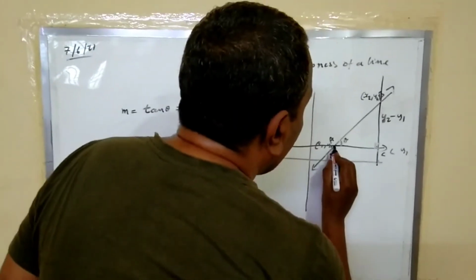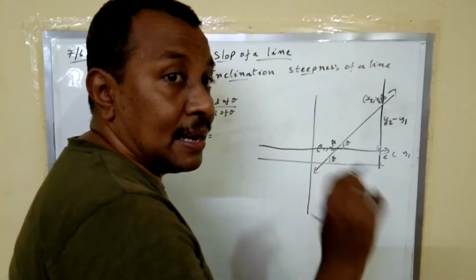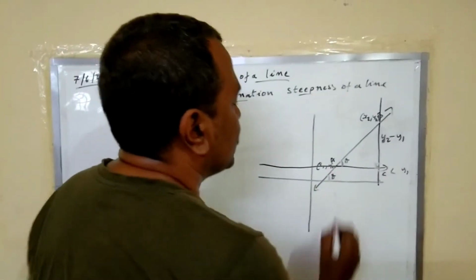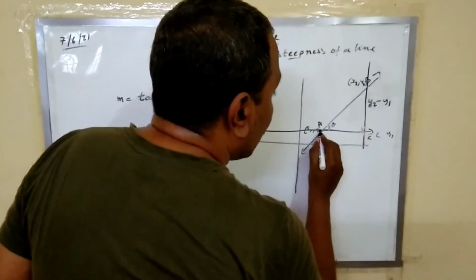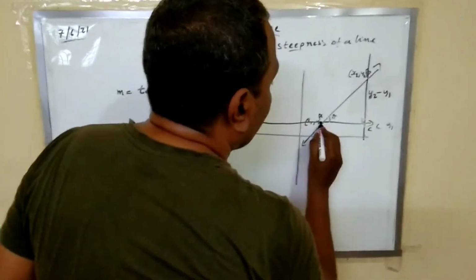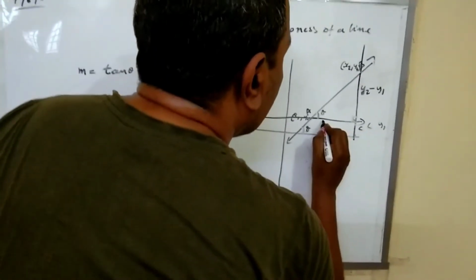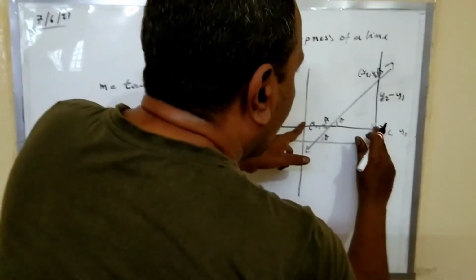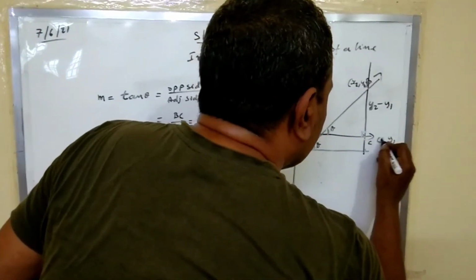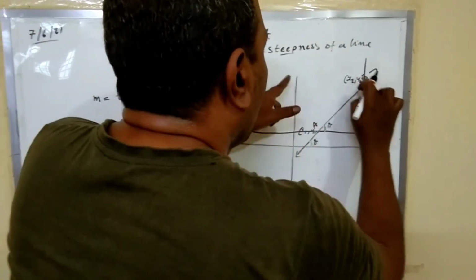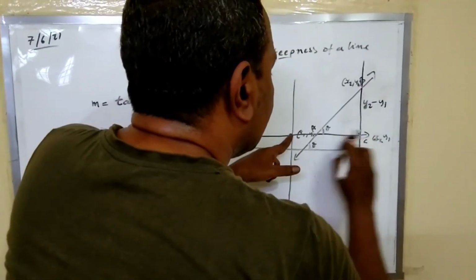Okay, what about AC? For AC, the x coordinate does not change because the x coordinate is the same. So here x1, y1, and from here to here x2. Here it is also x2, and x1.